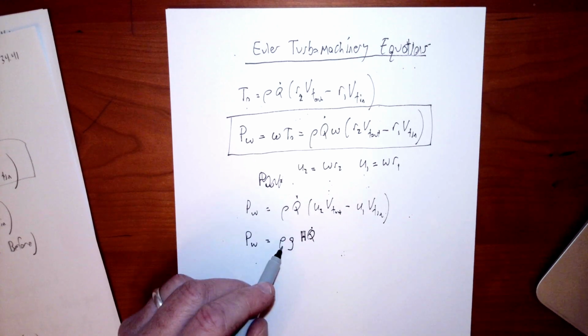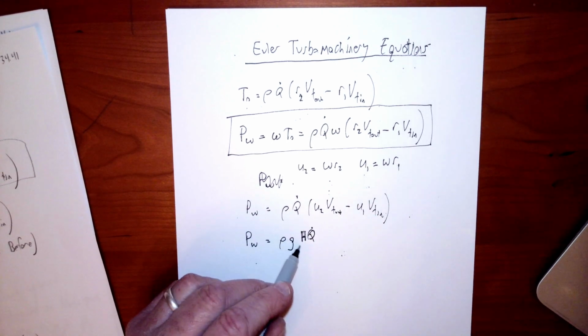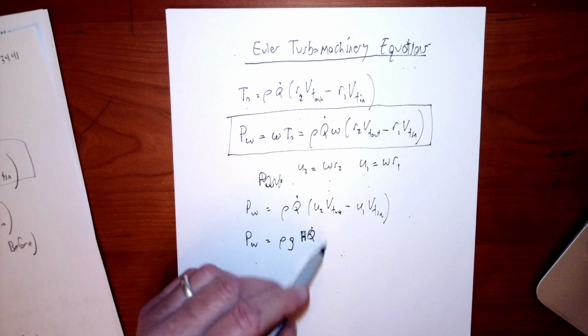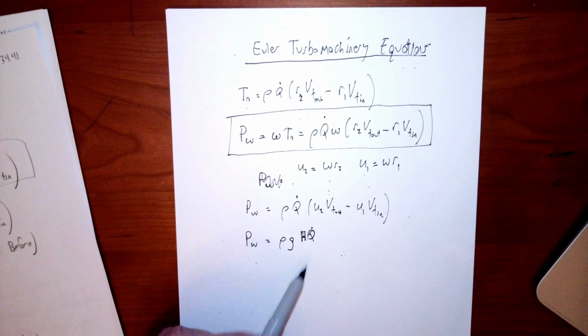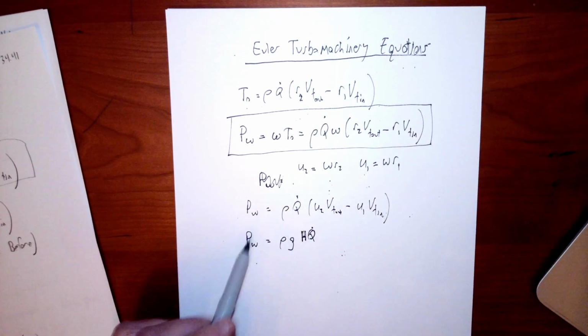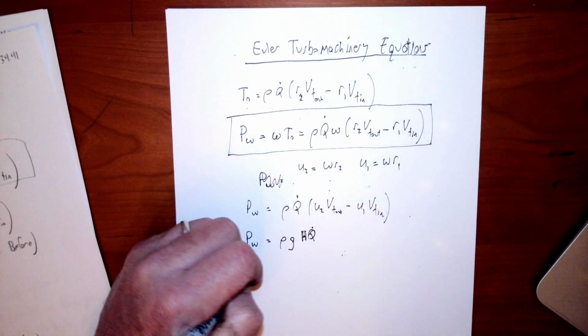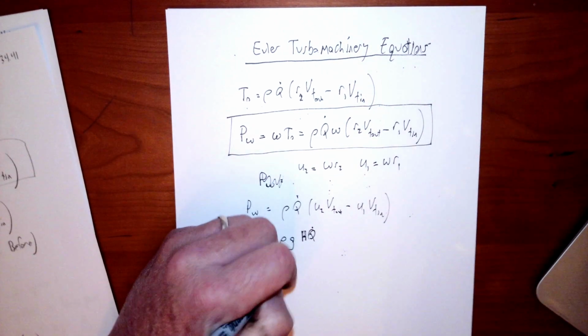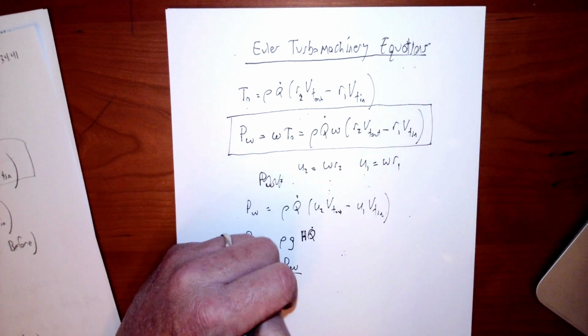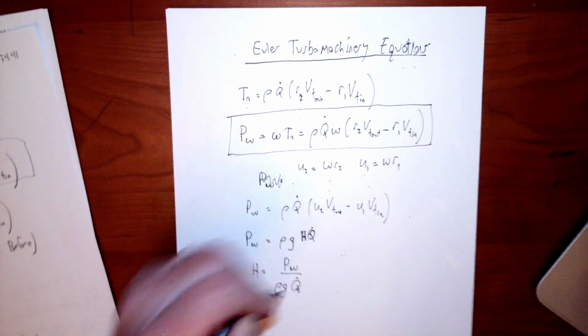That's your mass times your gravitational acceleration times your height times your volumetric flow rate, which gives you your water horsepower to basically move that water upstream. We showed that before. But if we solve it for H, we get H equals the water horsepower over rho g and then the volumetric flow rate.